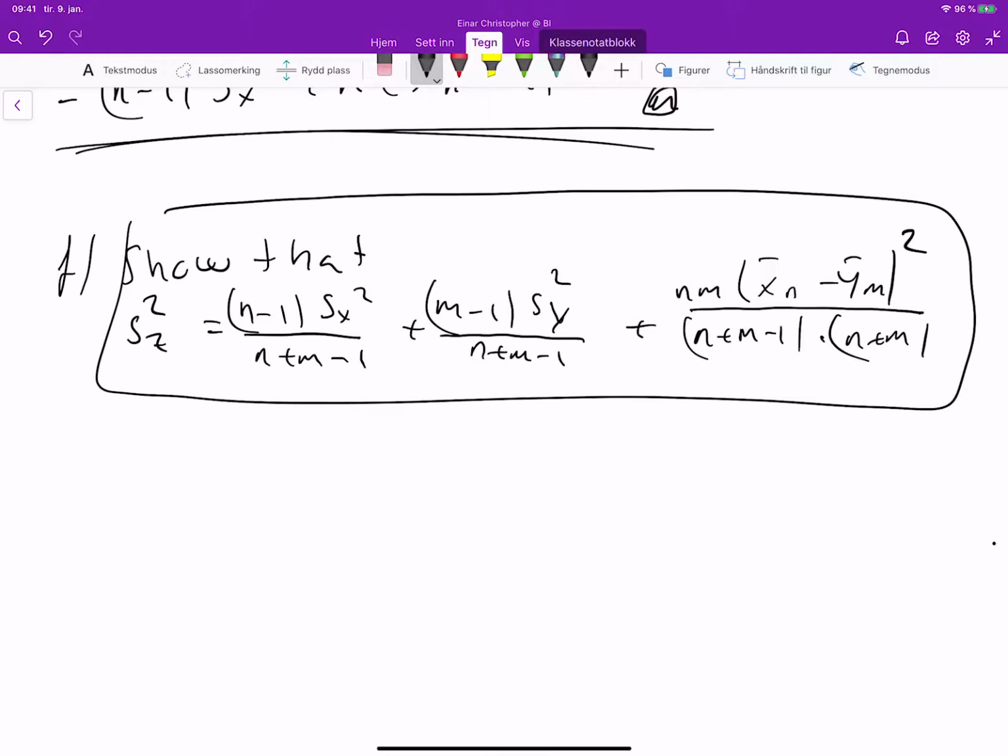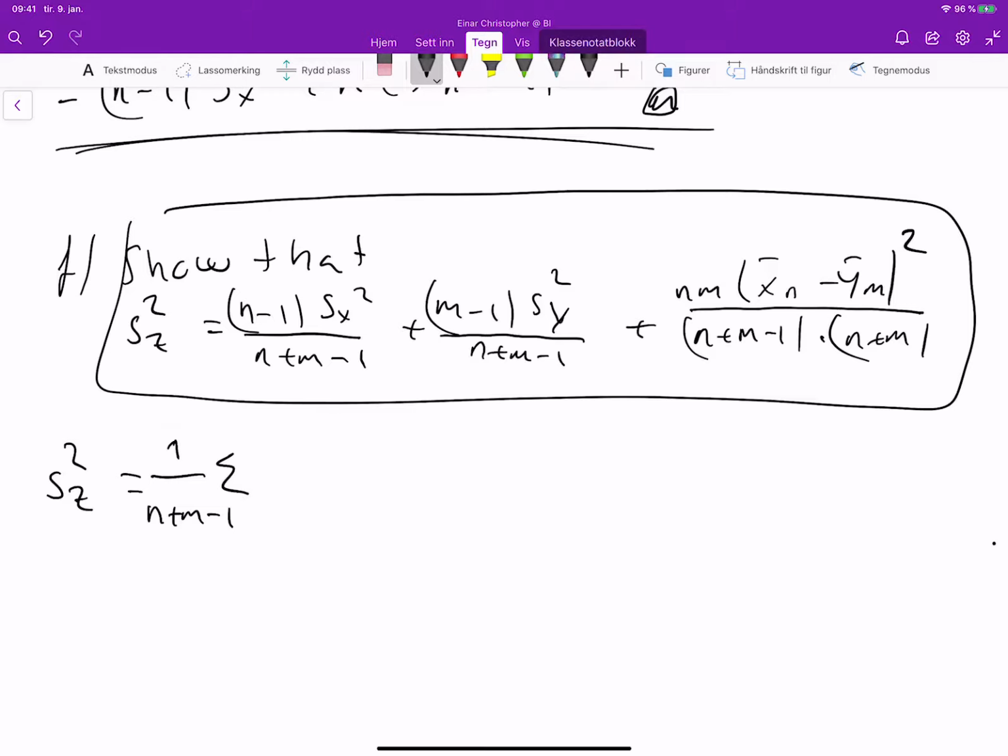We have to start with the formula for s_z in the power of 2. The z's. Okay, what is the formula? Yes, we have to sum over all the z's, and first divide 1 by n plus m minus 1, because we have n plus m z's.